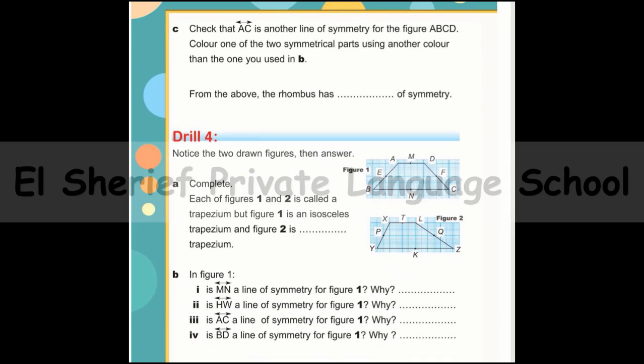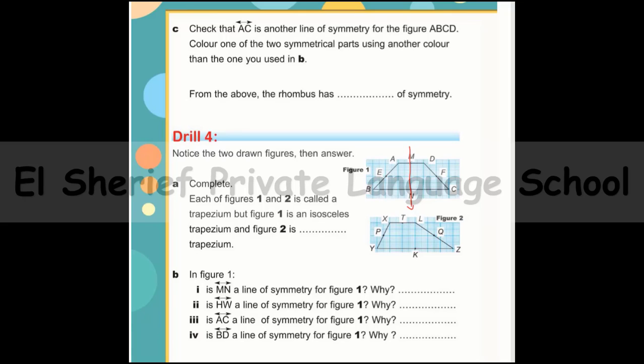In a trapezium, if we divide the isosceles trapezium into congruent parts, we can fold it around straight line MN.